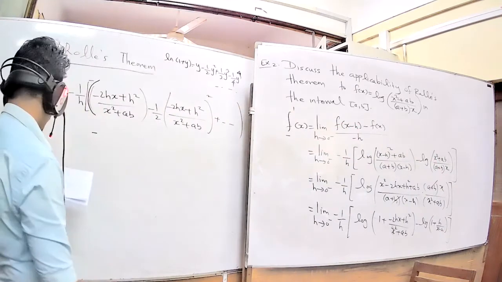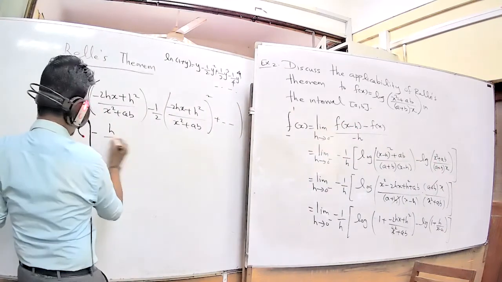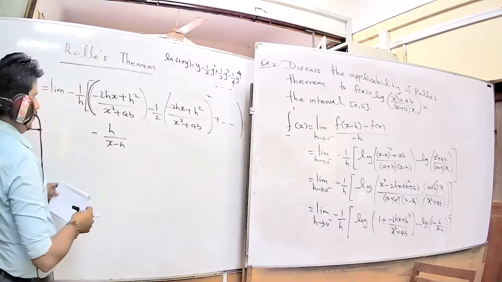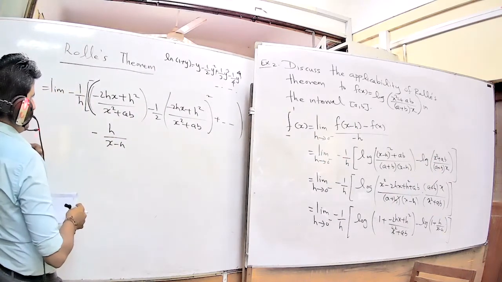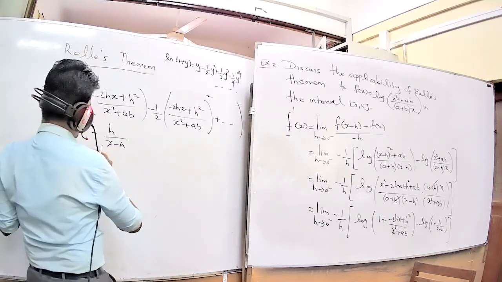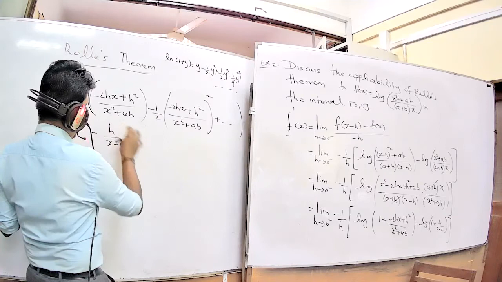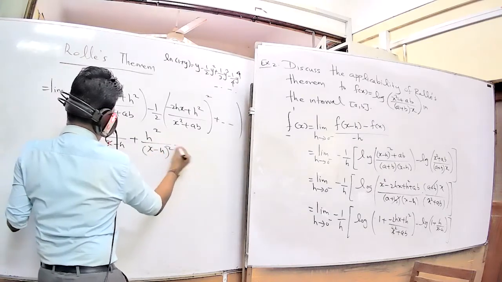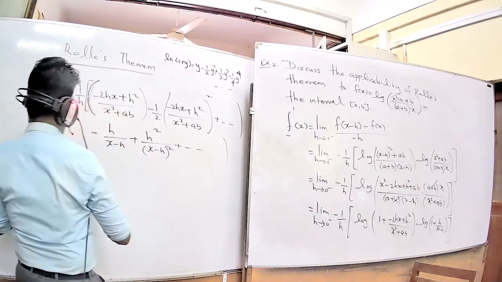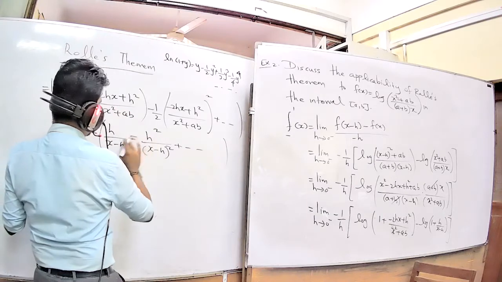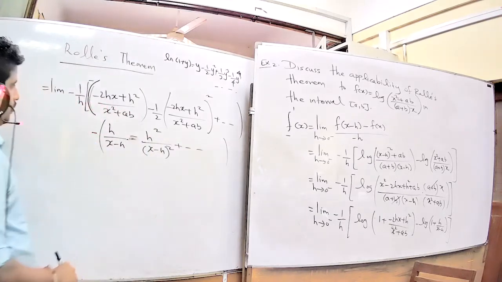So the first term is h over x minus h, then minus, and this one again plus h squared over x minus h squared, and so on. Put a bracket: this minus here becomes plus.